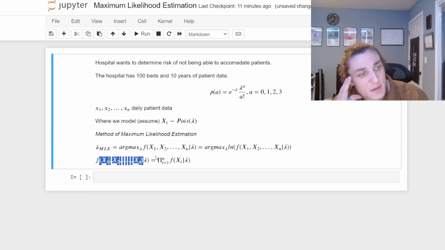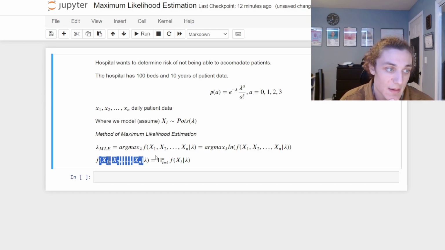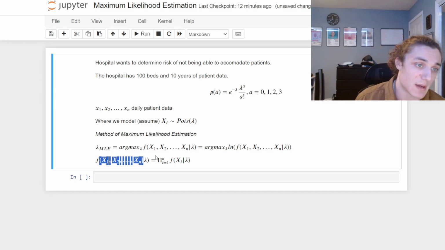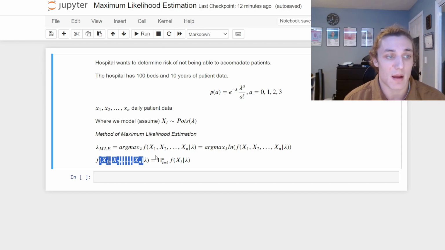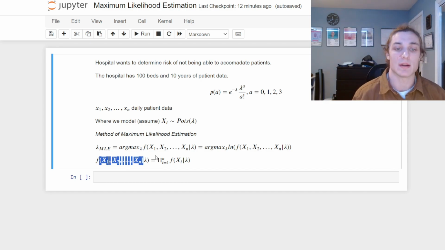Now this goes back to assumptions, right? One of the things I want to talk about in the context of maximum likelihood estimation is the problem with some of your assumptions when you choose to look at some sort of random variable as a common random variable, such as a Poisson random variable. Does independence make sense? Think about that. Daily patient data, X1, X2, all the way through Xn. If we have 10 years of data, is there going to be correlation between that data? Probably.